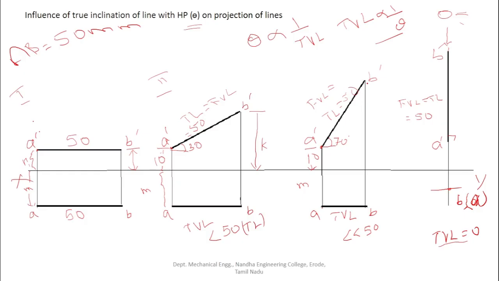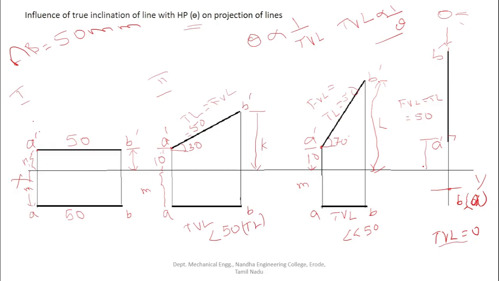So if you rotate the line by using the point B till it makes 70 degree to the HP, this is the final position of the point B, right? So what is this one? This one is nothing but the position of the front view of the point B from XY, or the location of point B from HP. For example, this is L, right? Then what is this one?